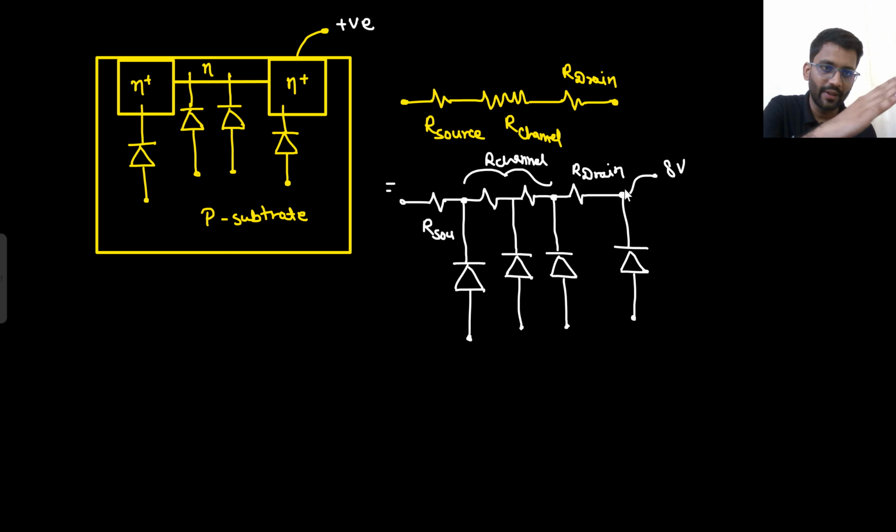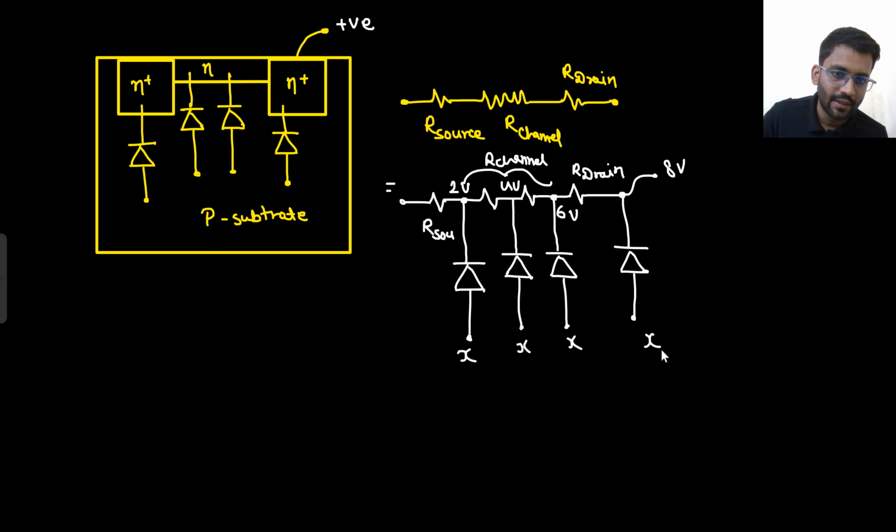Now 8 volt is there, and it will be linearly divided. What will come here? 6 volt. What will come here? 4 volt. What will come here? 2 volt. Now the potential of the P substrate would be equal everywhere, right? Let's assume everywhere the potential is X only. And this 8 volt is linearly divided: 8 volt, 6 volt, 4 volt, and 2 volt.